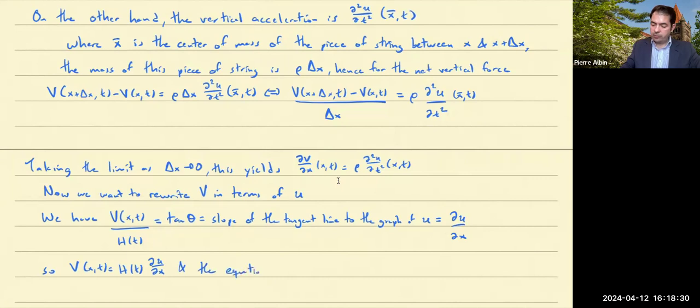And the equation becomes the derivative with respect to x of h times the derivative with respect to x of u is equal to rho times the second derivative of u with respect to t.